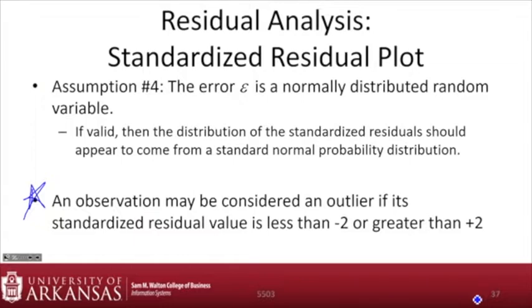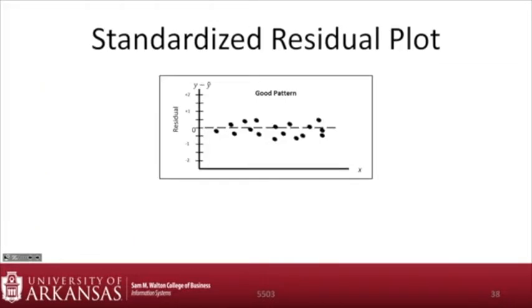If something's less than -2 or greater than +2, then we're going to consider it an outlier. So again, we're looking for, does everything fit in here? If we had a residual that was out here, we would consider that an outlier.